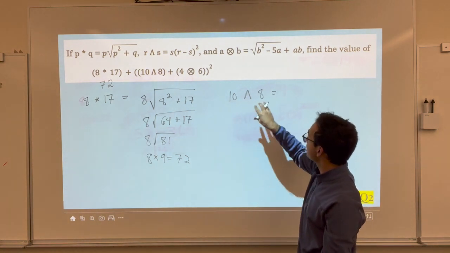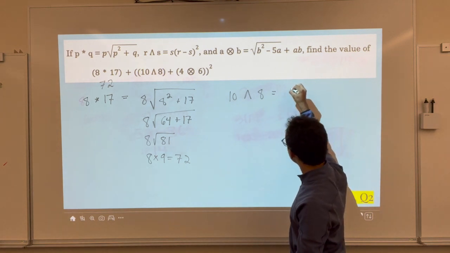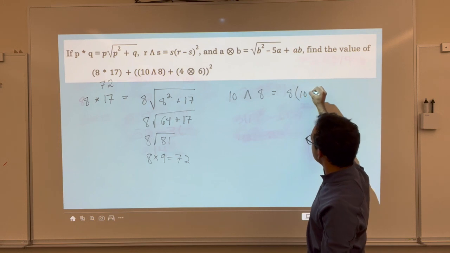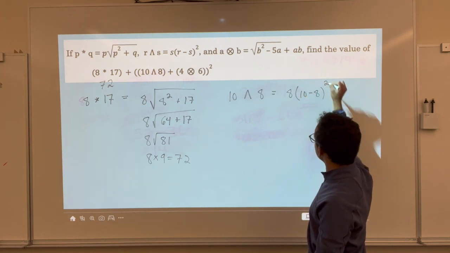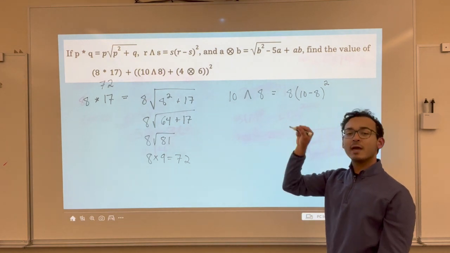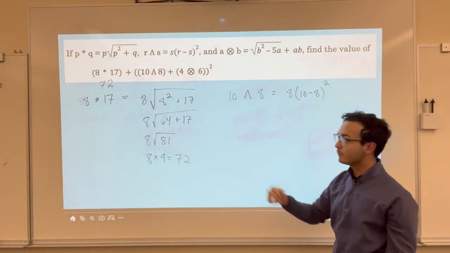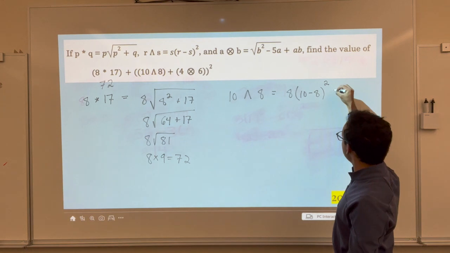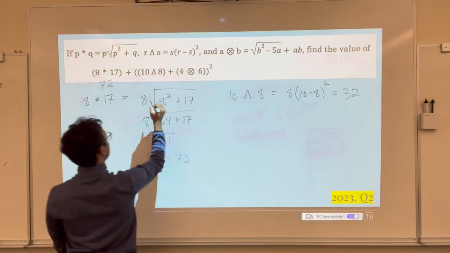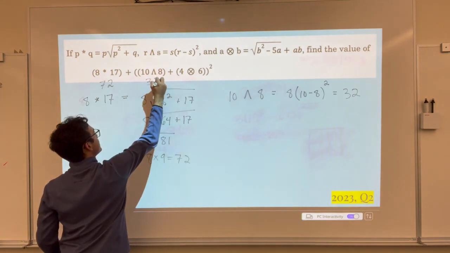So 10 lambda 8 would be 8 times r minus s, which would be 10 minus 8 squared. Now, 10 minus 8 is 2, 2 squared is 4, and 8 times 4 is 32. So this expression evaluates to 32. So over here, we know that 10 lambda 8 is equal to 32.